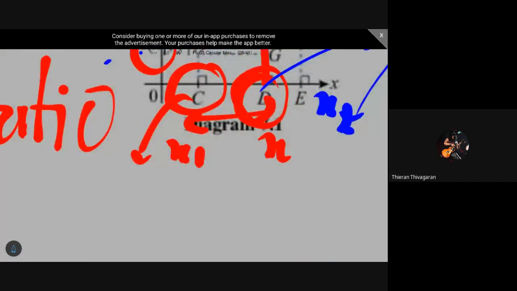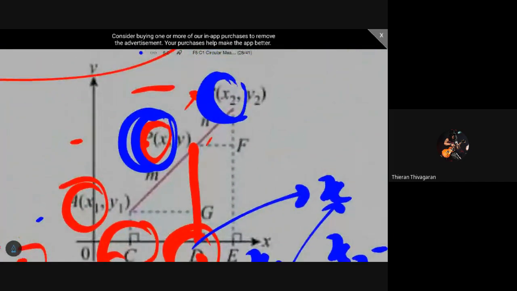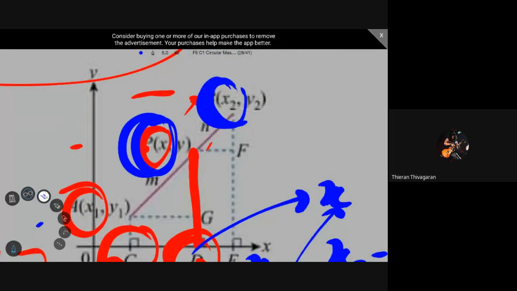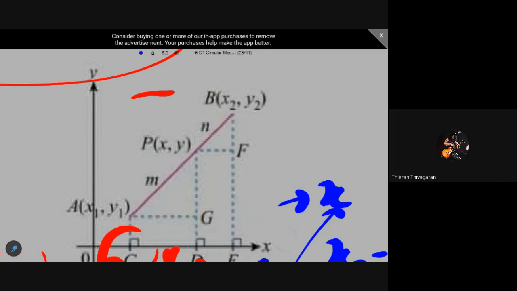buktikan untuk Y pula. Konsep sama, but just go through a bit lah. Okay, so now about y. Let me erase first. Okay, now for y.